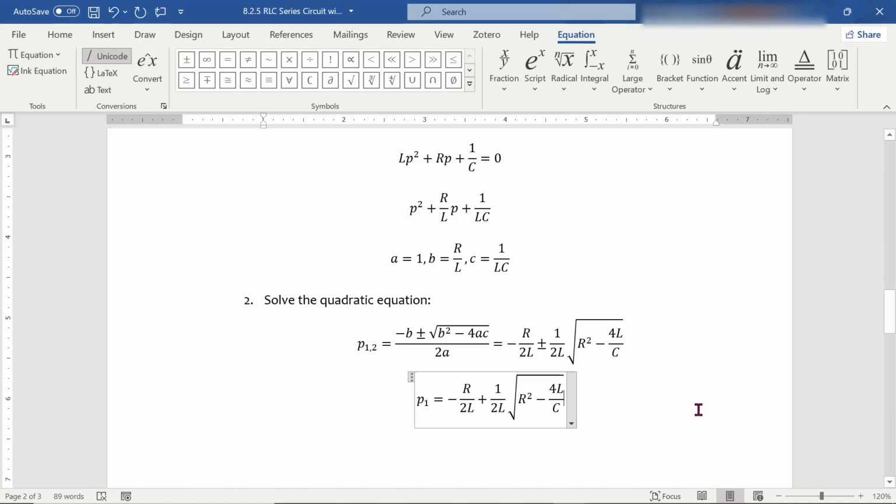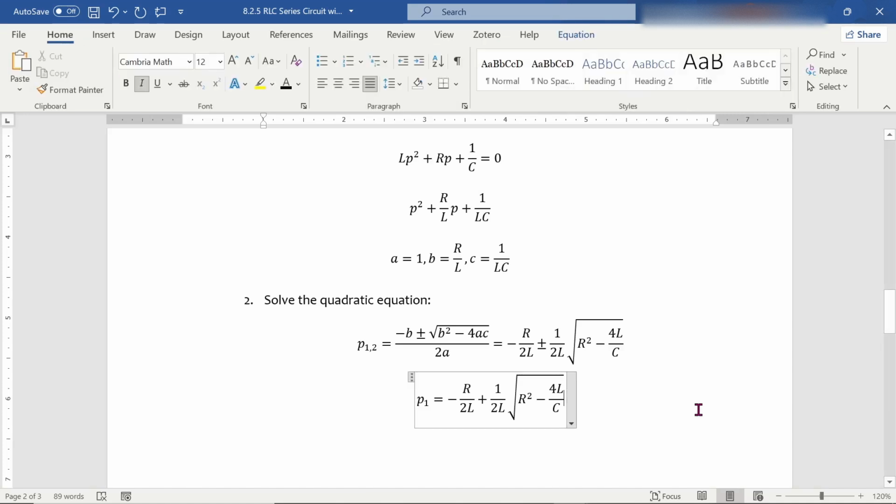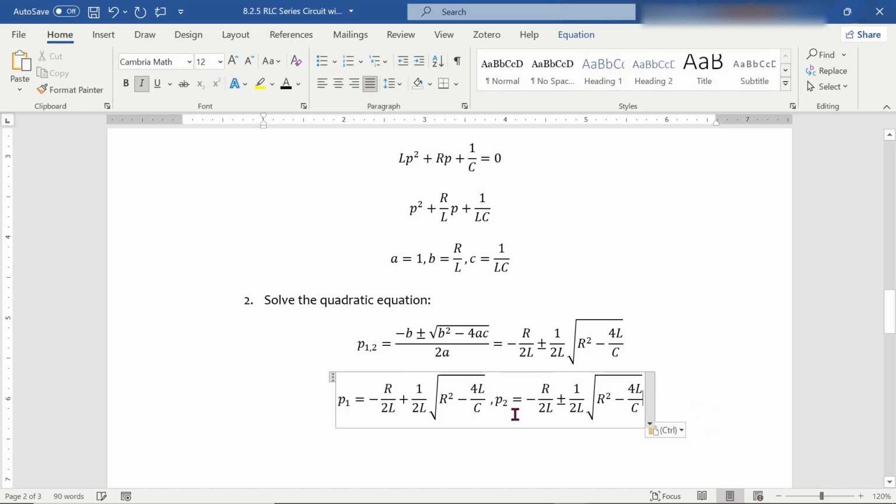It's up to you. It's also possible that this is your p2. You have p2 is equal to the minus.